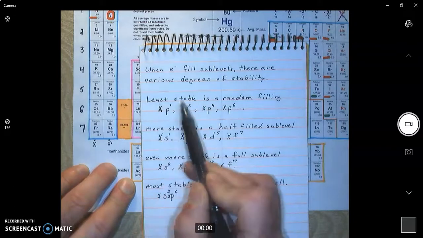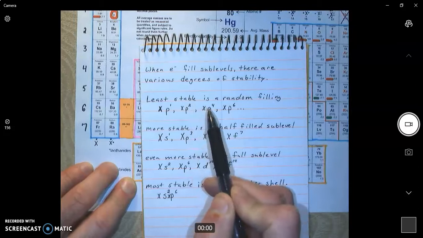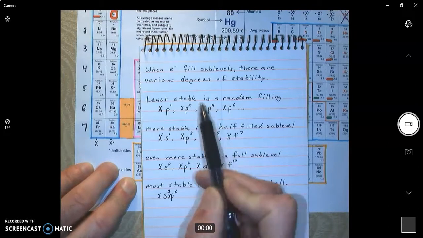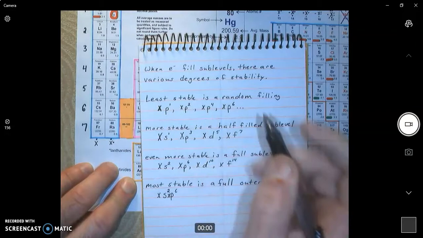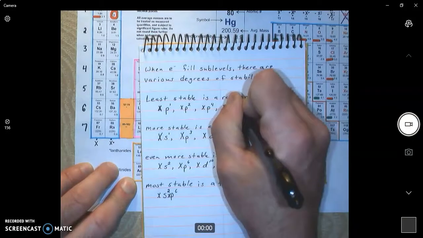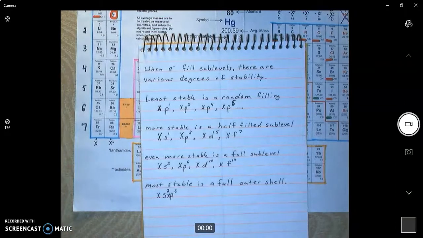The least stable filling of an orbital or of a sublevel would be anything random, like a P1, 2, 4, a P5, for instance. They're not half filled, they're not full, they're what I would call random.